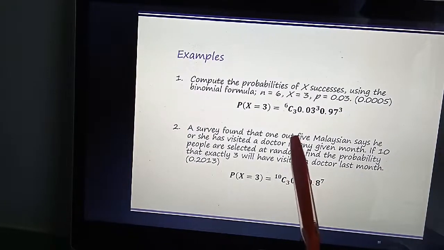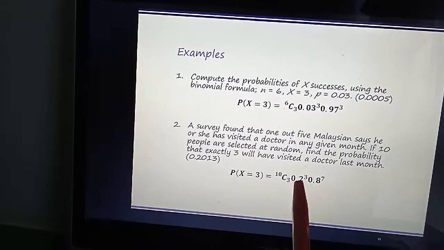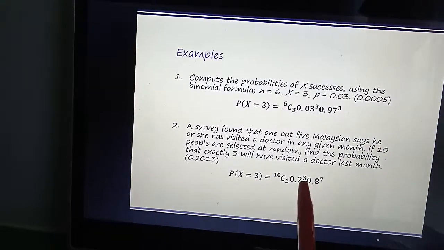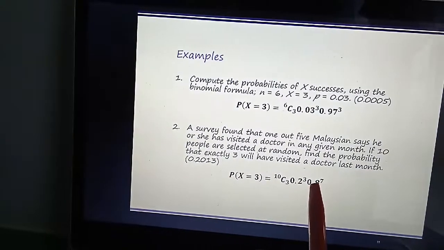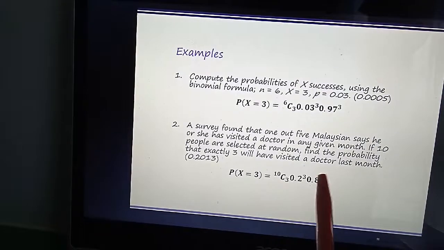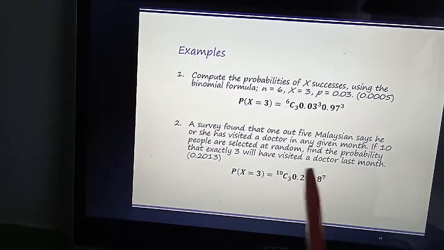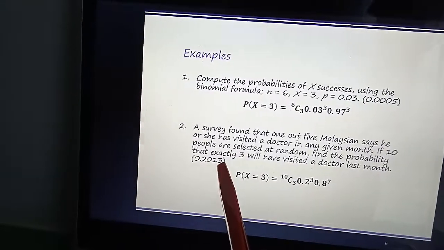So this is the probability of success. 1 out of 5 is 0.2. Power x, which is 3, and then q is 1 minus 0.2, which is 0.8, to the power n minus 3, which is 10 minus 3, 7. So calculate this, and the answer is 0.2013.